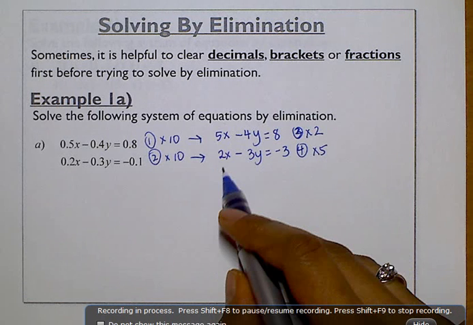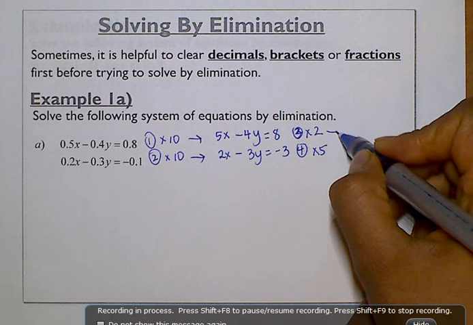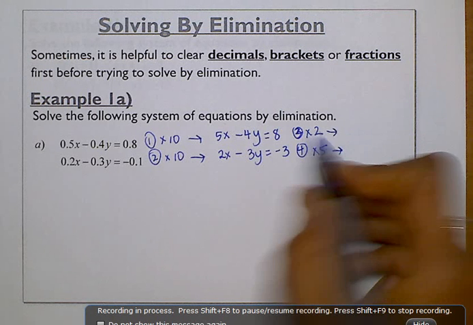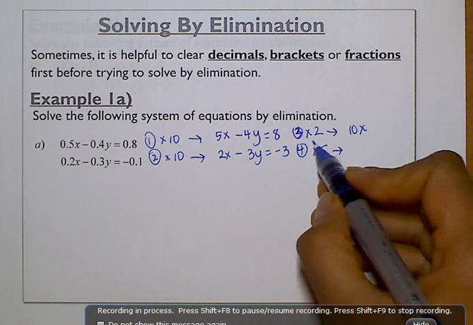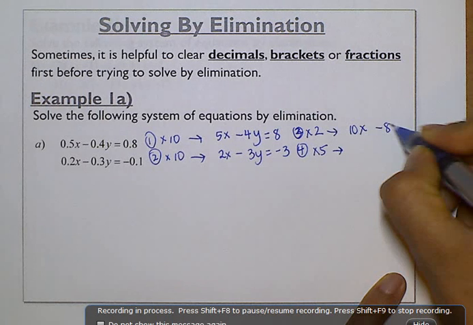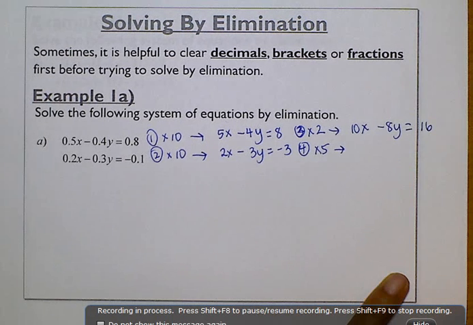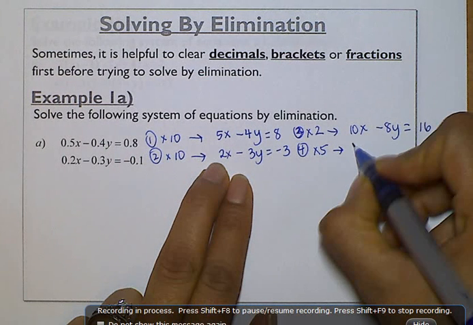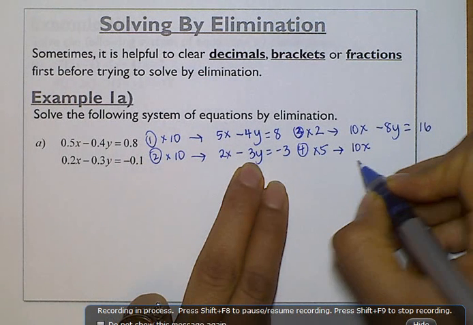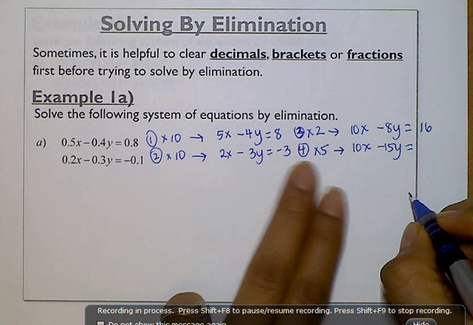Let's go ahead and do that. 2 times 5x is 10x. Negative 4 times 2 is negative 8y equals 8 times 2, which is 16. We're going to do the exact same thing at the bottom. 2 times 5 is 10x. Negative 3 times 5 is negative 15y, and negative 1 times 5 is negative 5. That's my equation number 5 and equation number 6.